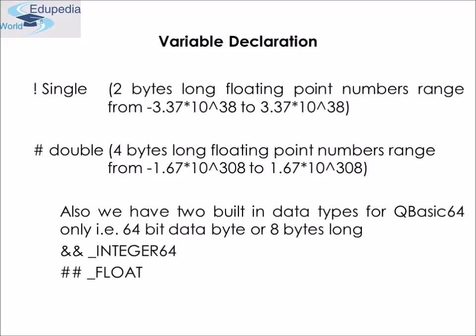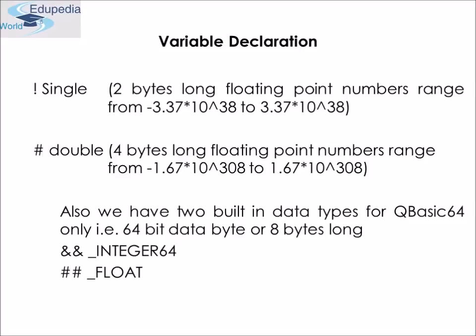Aside from these 5 built-in data types which I have studied yet, there are 2 more built-in data types which are only for QBasic 64-bit data, or you can say 8 bytes long data, simply denoted by double ampersand sign and double hash sign, named as _INTEGER64 and _FLOAT.